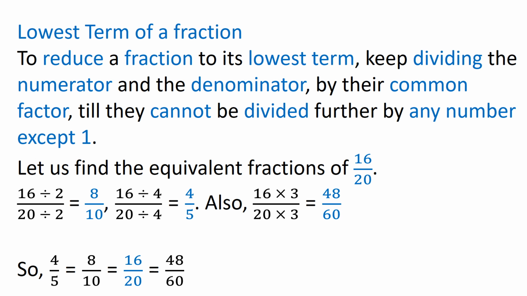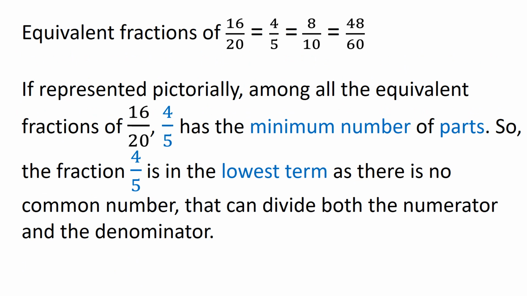We can find the equivalent fractions either by multiplying the numerator and the denominator with the same number or by dividing the numerator and the denominator with the same number.